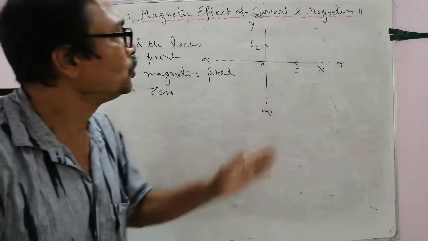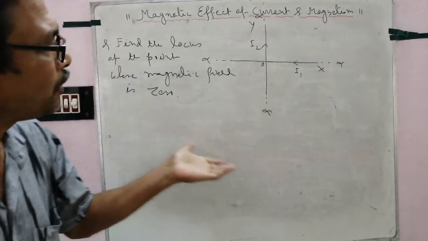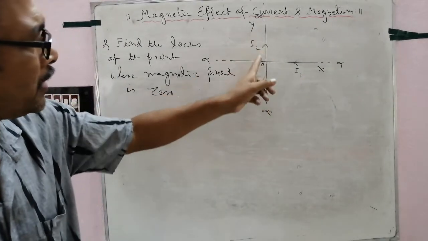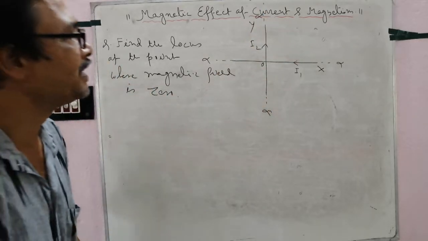In the figure, two wires are mutually perpendicular to each other, and both are infinitely long, with O the intersecting point. This is X and Y. So find the locus of the point where the magnetic field is nil.